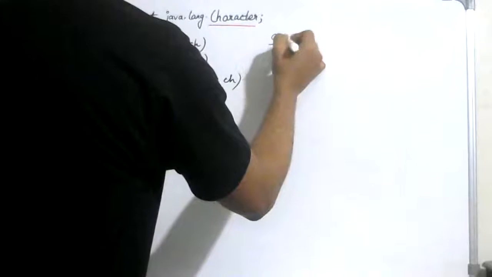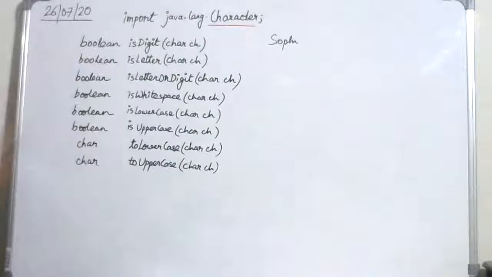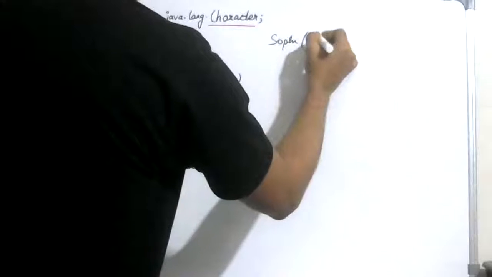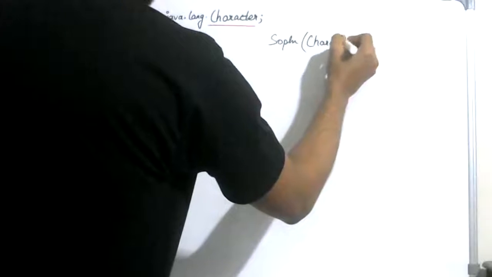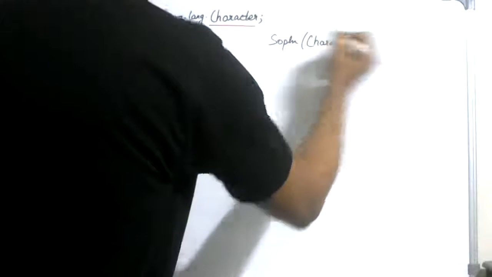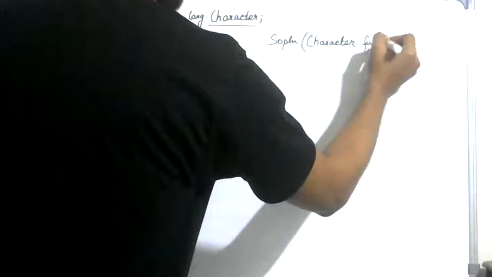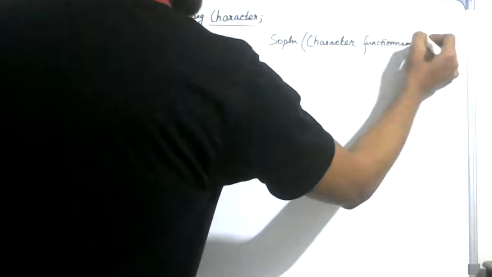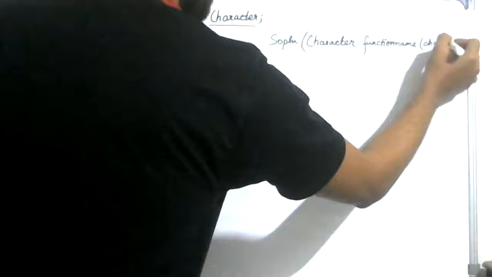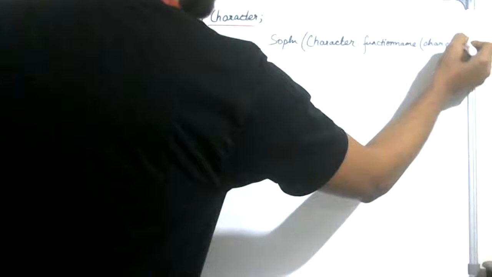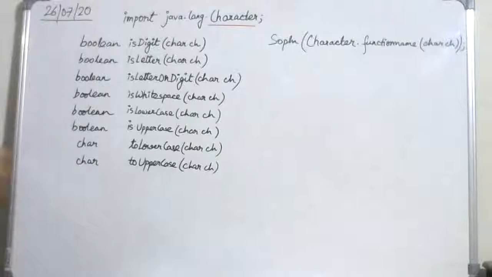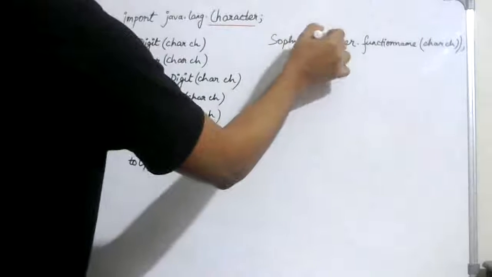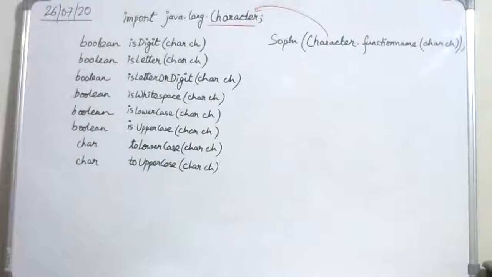We were directly printing out the return value of these functions, so we were doing SOPLN, then Character, which is the class, then a dot, then the function name, followed by a character value. So this is the general syntax. This Character refers to the Character class in the java.lang package.